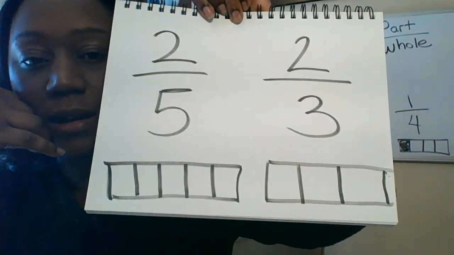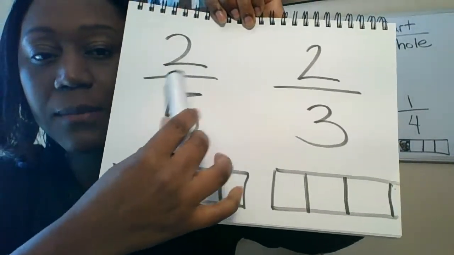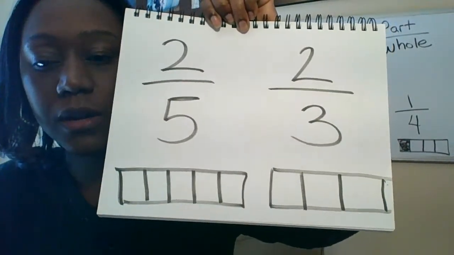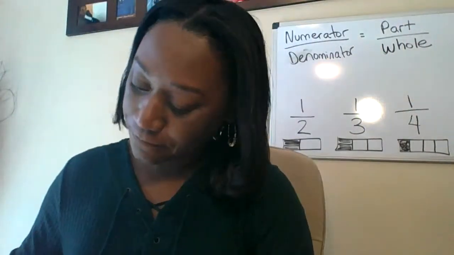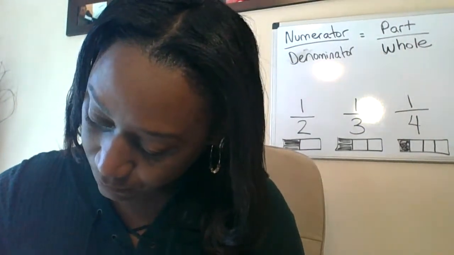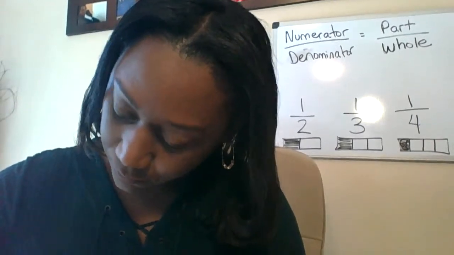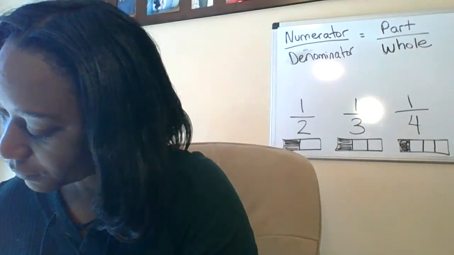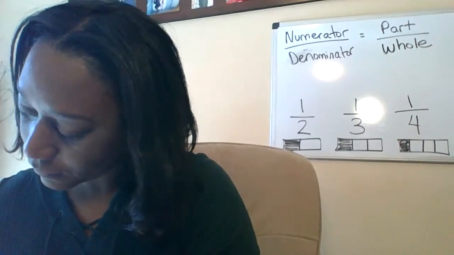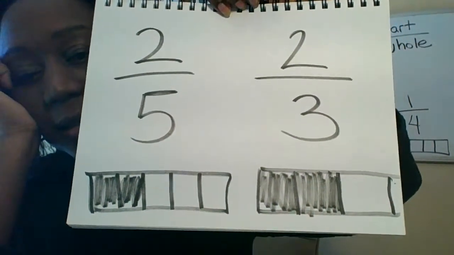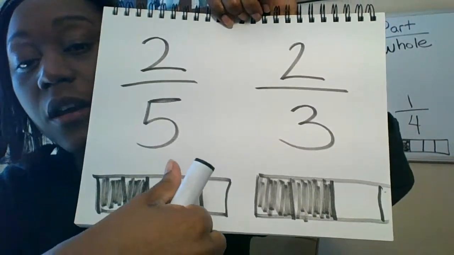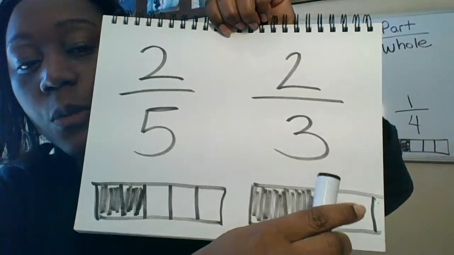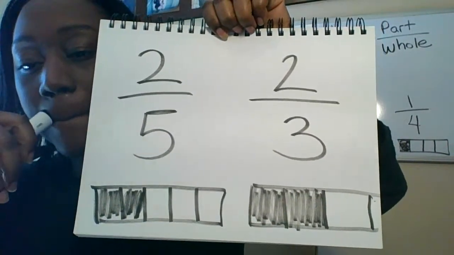Now it's time for me to shade in my numerator. Both of them are 2, so I'm going to shade in 2 parts for me. Now, boys and girls, which one is the greatest? Is it the one with the bigger denominator, or is it the one with the smaller denominator?